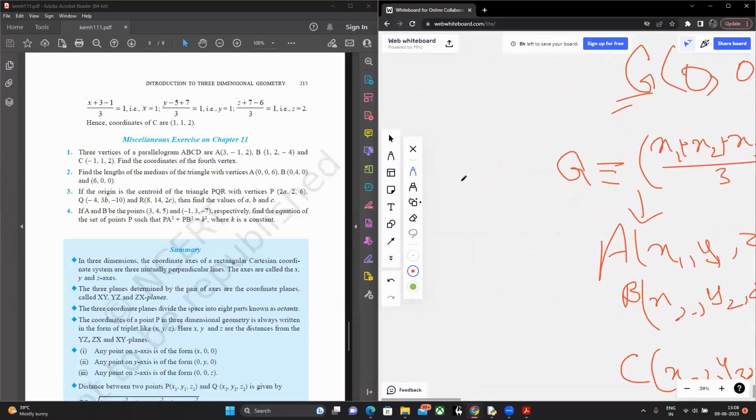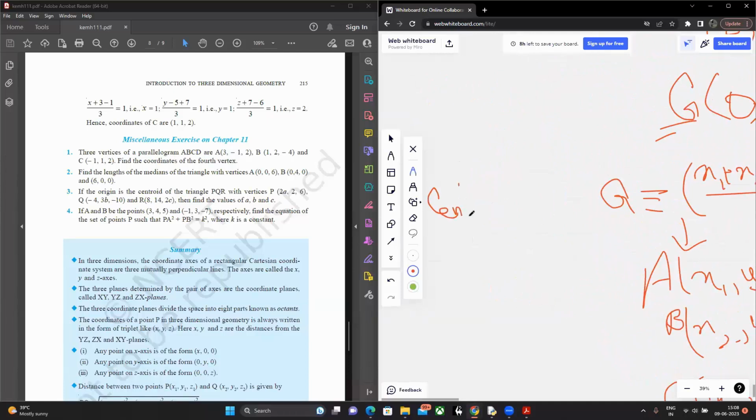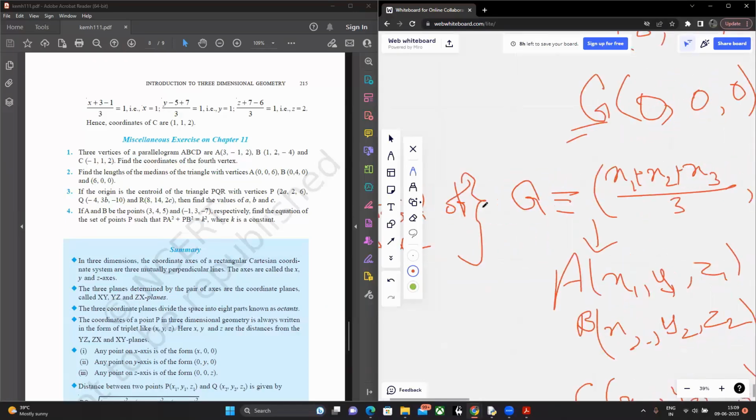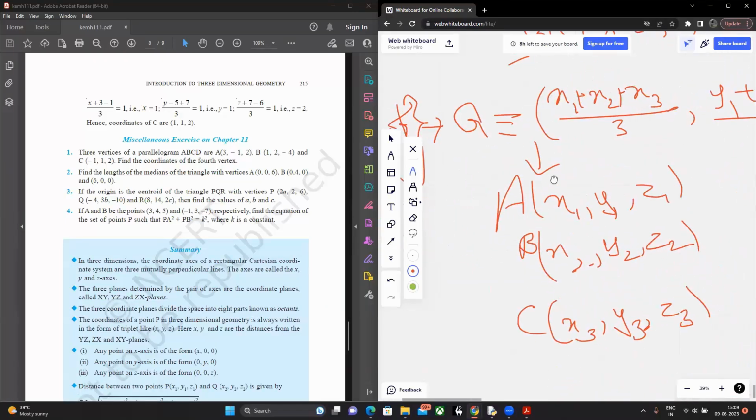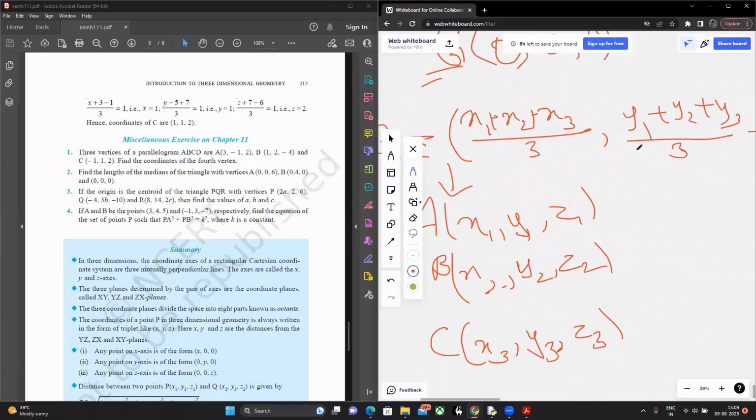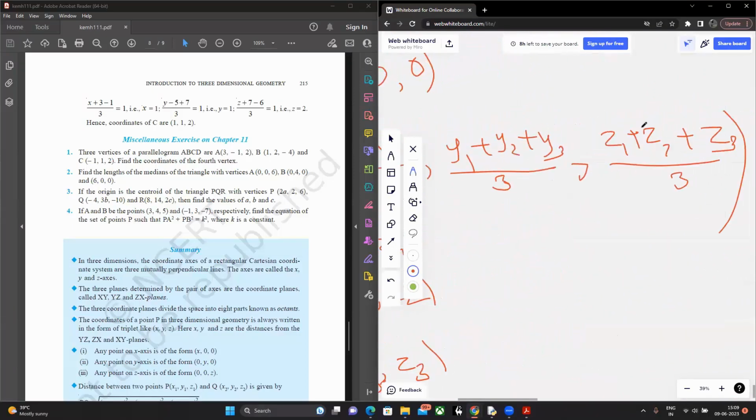The centroid of triangle ABC is G, which is ((x1 + x2 + x3)/3, (y1 + y2 + y3)/3, (z1 + z2 + z3)/3).